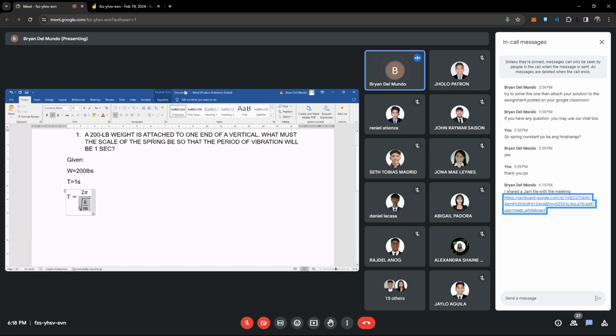So I'm just going to copy this one. So square root of k over m, and then substitute 2 pi over T. And then we're going to square both sides so that we can cancel the radical sign.